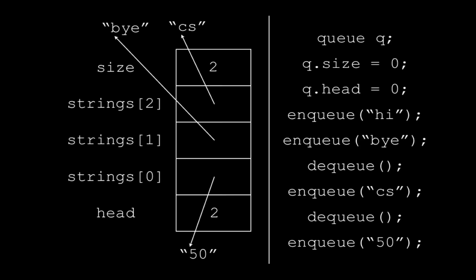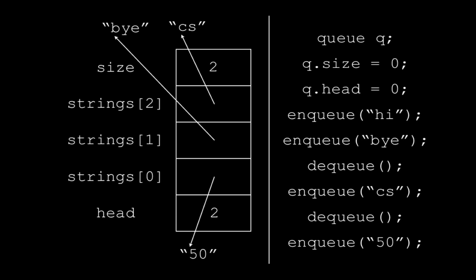What would happen at this point if we were to dequeue something again? Any thoughts? What should happen to the head? The head right now is at index 2, which means that the head of the queue is string sub 2.